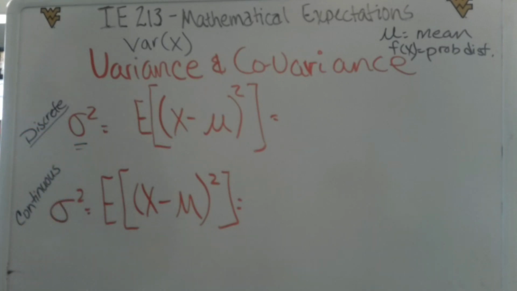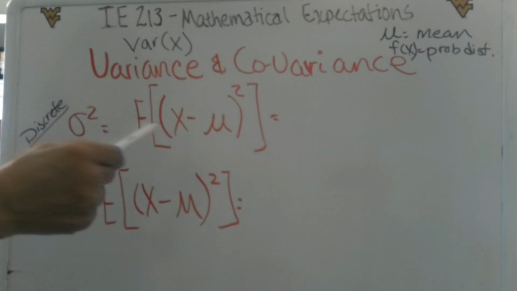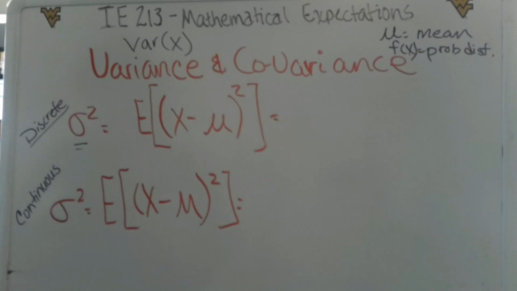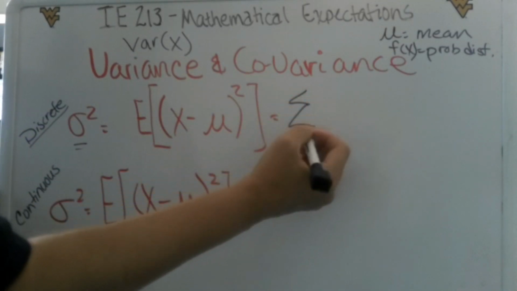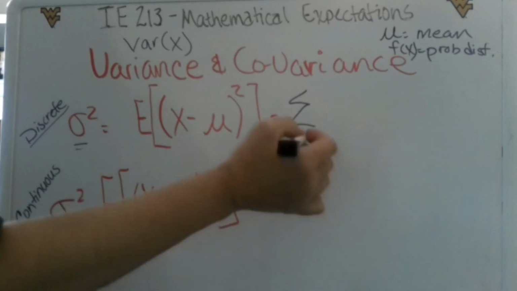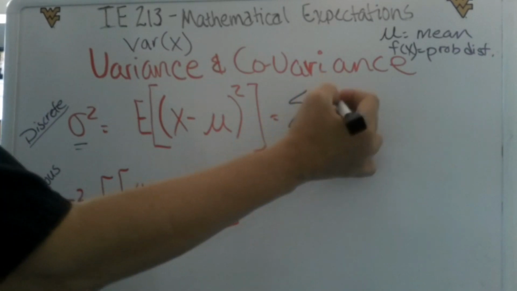And this is equal to, because it's discrete, we will do summation. It's equal to the sum of (x minus mu) square times f of x.